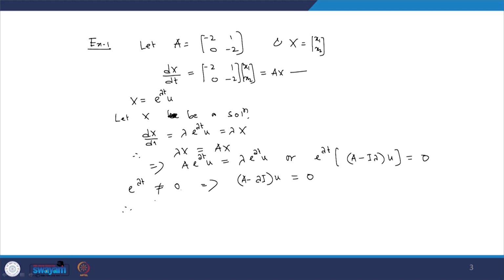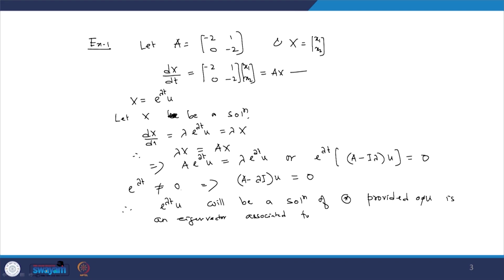So, e to the power lambda t into u will be a solution of star provided u is an eigenvector, provided u not equal to 0 is an eigenvector associated to the eigenvalue lambda of A.